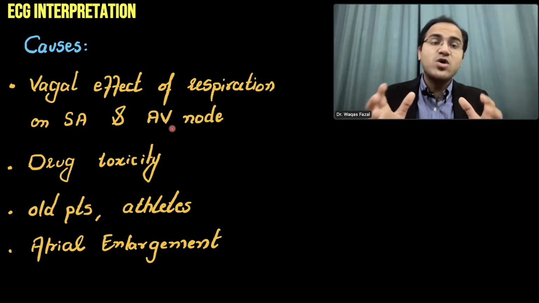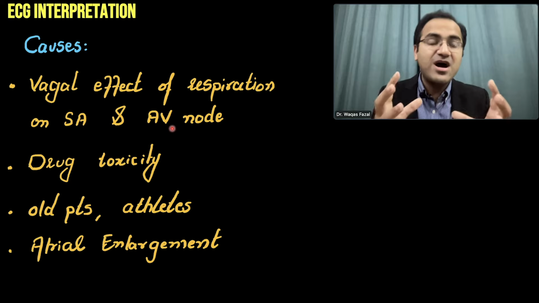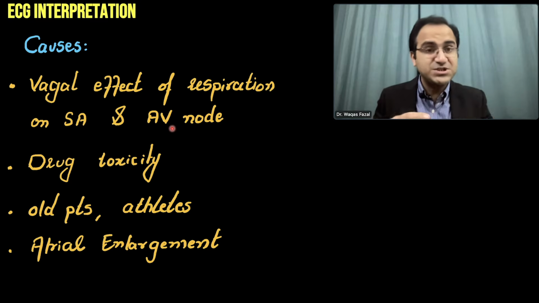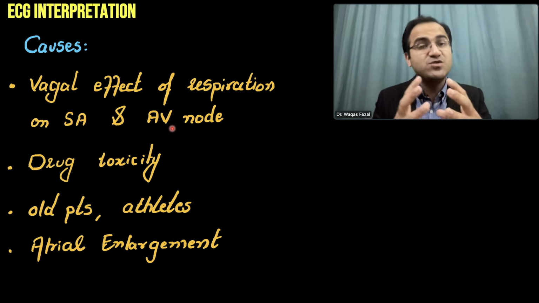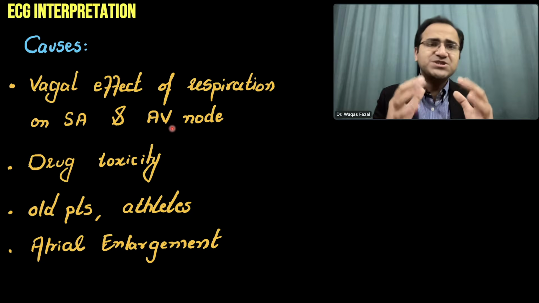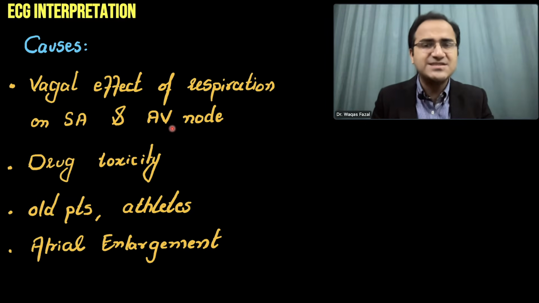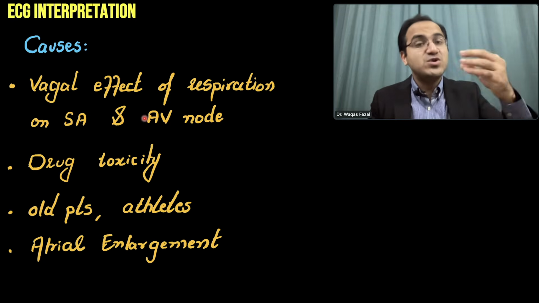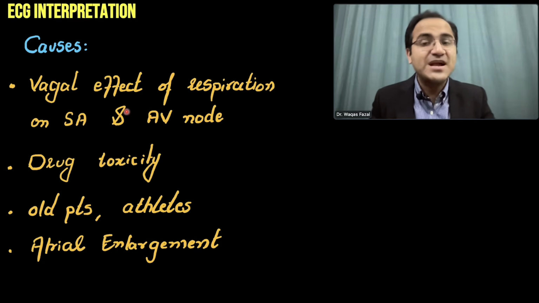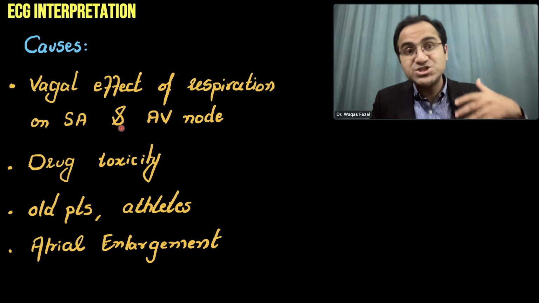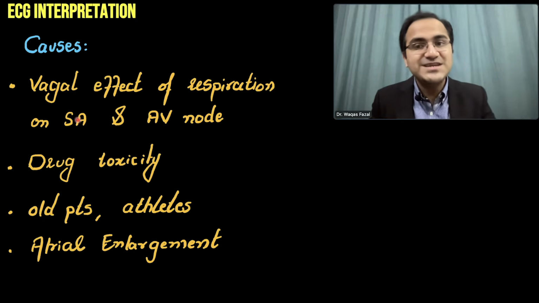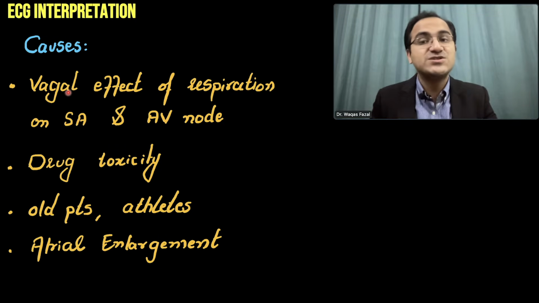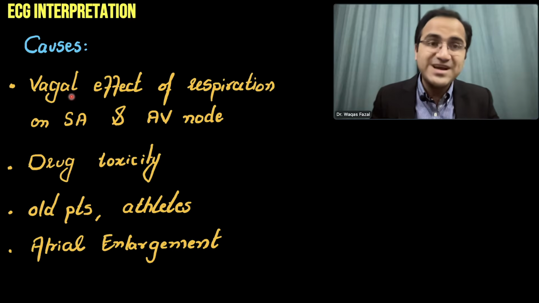But in patients who are already having a weak heart, patients of CHF, patients with atrial enlargement, patients with valvular conditions, such patients are already having damaged hearts, and in such damaged hearts there is a tendency to have these ectopic foci, and these ectopic foci get a chance to depolarize atria when the SA node and AV node is slowed down by the vagal stimulation during the respiration.